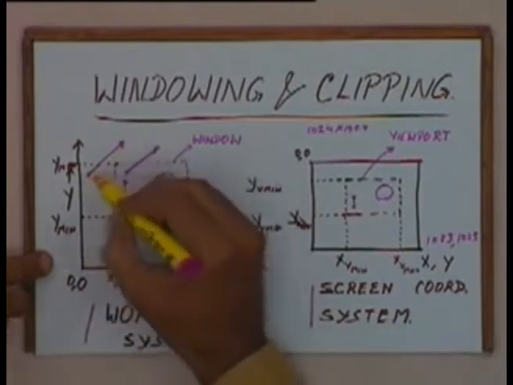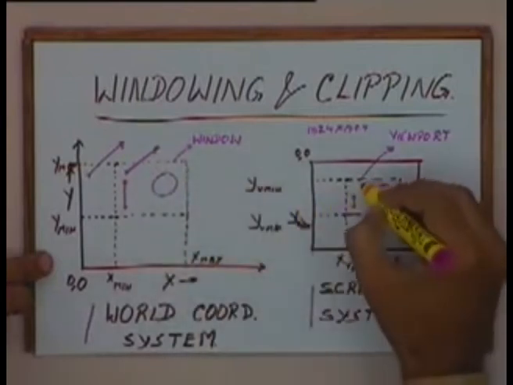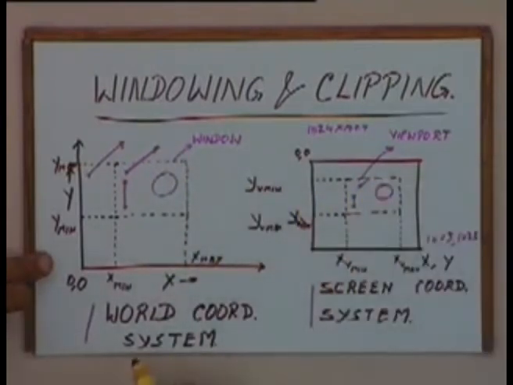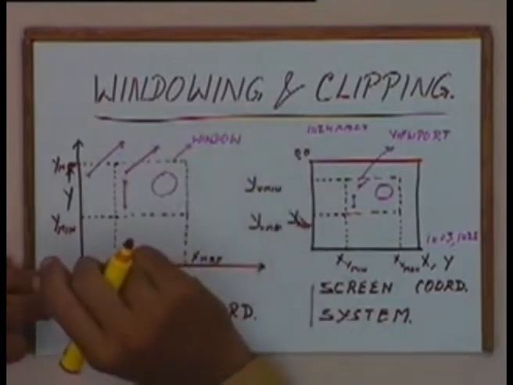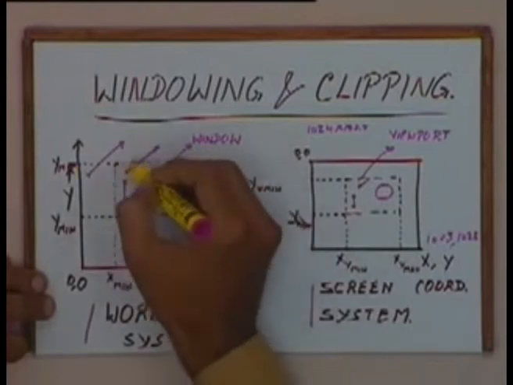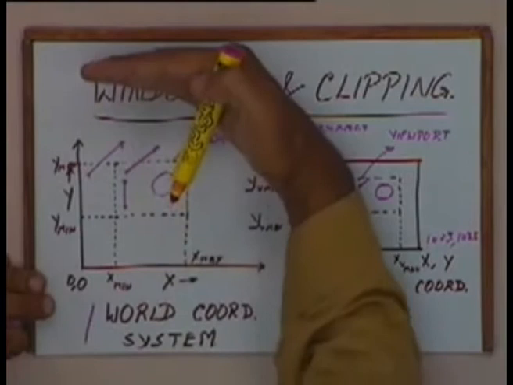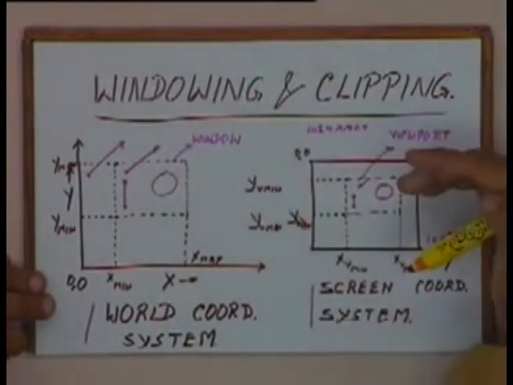So if we have a line like this, that should not be drawn, and if we have a line like this, this line should only be drawn partially like this. The rest of the line should not be drawn. So we will say that this line should be clipped along this edge. That means whatever is outside this edge, outside this window, that should not be drawn.